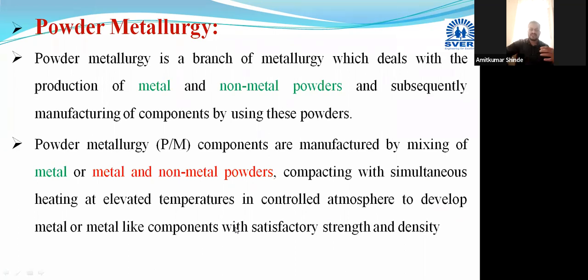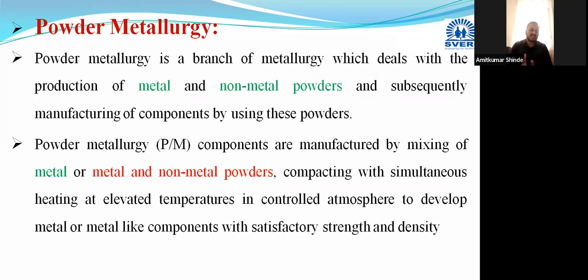Initially, powder metallurgy is divided into two parts. First is the production of the powders, and in this we can manufacture metal powders as well as non-metal powders. The second part is manufacturing the component with the help of these powders.